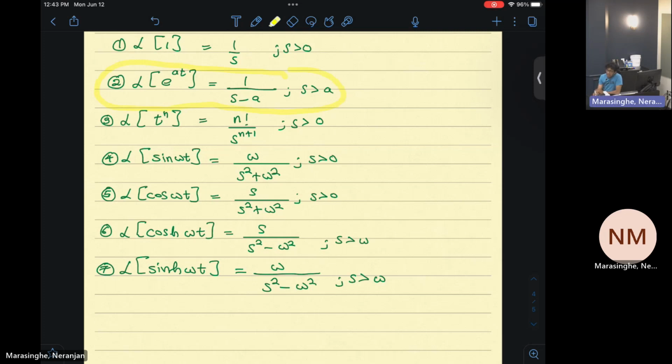And we discussed linearity, right? Linearity is very important. If I give you a piecewise defined function, and if I ask you to find the Laplace transform of that function, you have to use the idea of linearity. Any questions so far about the ideas that we discussed related to Laplace transform?